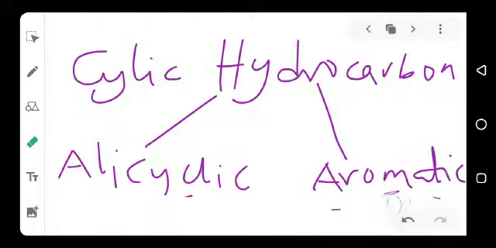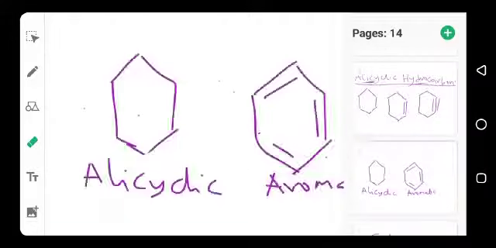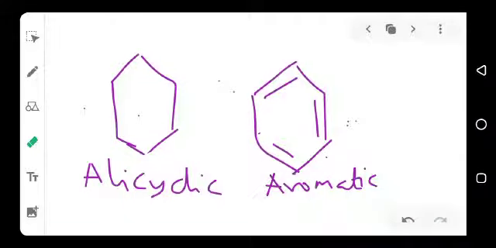An alicyclic hydrocarbon is a cyclic hydrocarbon that does not have alternating double bonds. Take for instance this compound here. This one has alternating double bonds.